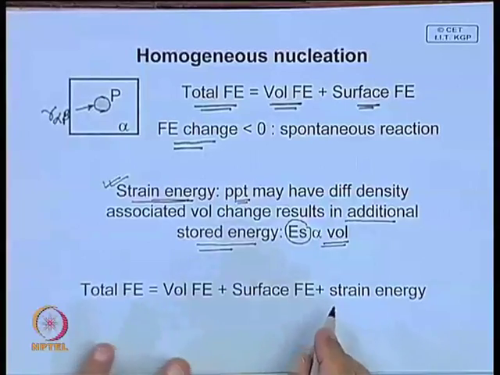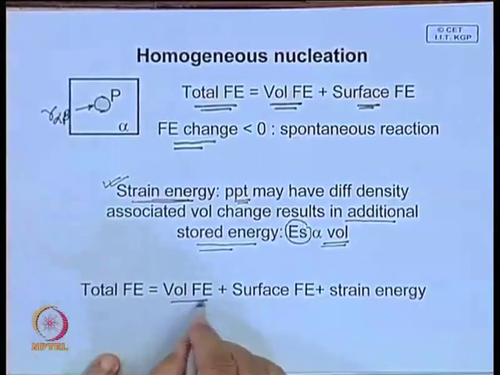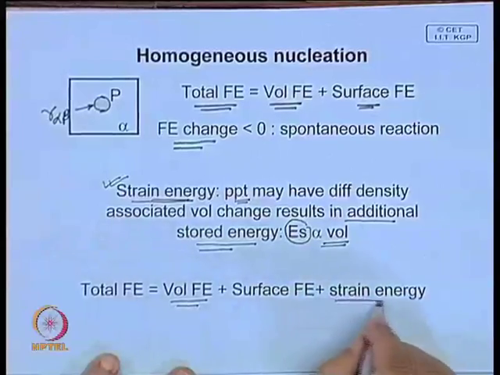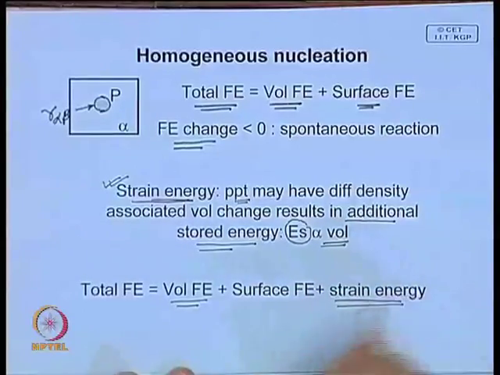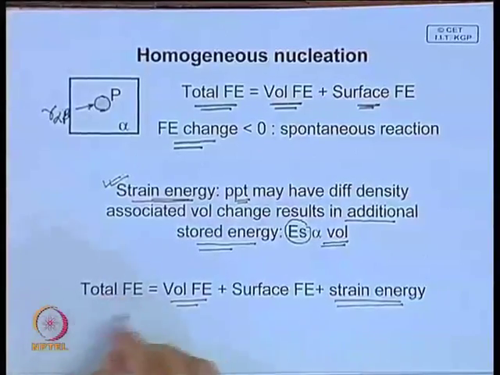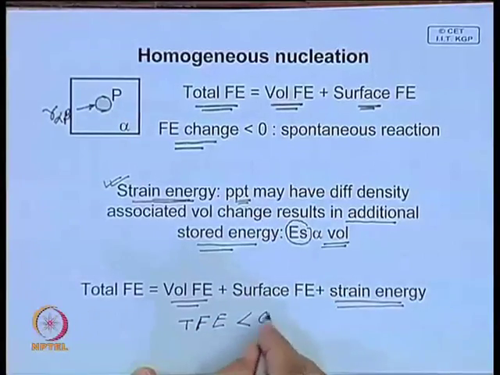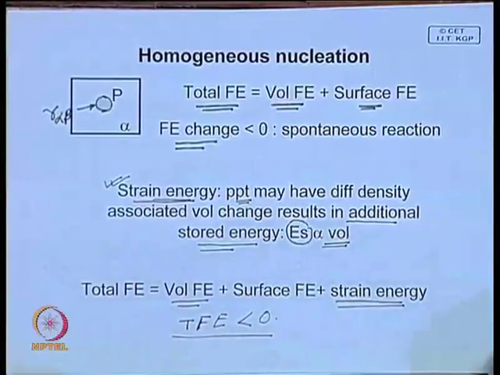So, the total free energy change, apart from the volume free energy change, must include the strain energy component, and for the precipitation process to take place, this total free energy should be negative for the process to continue.